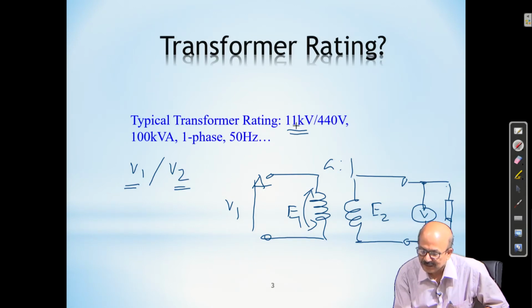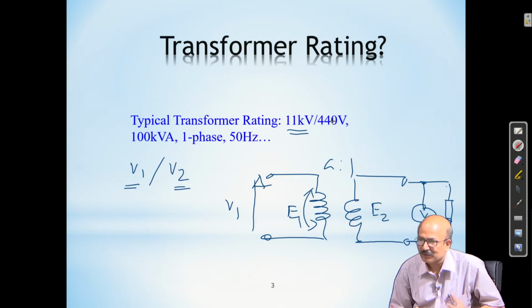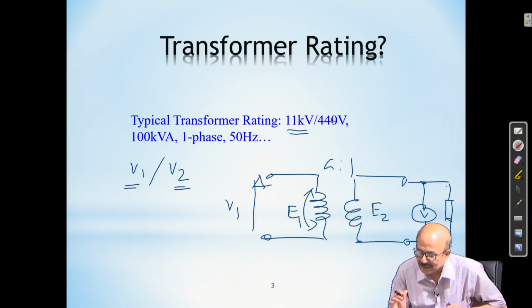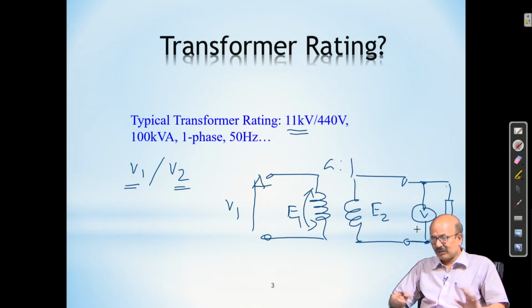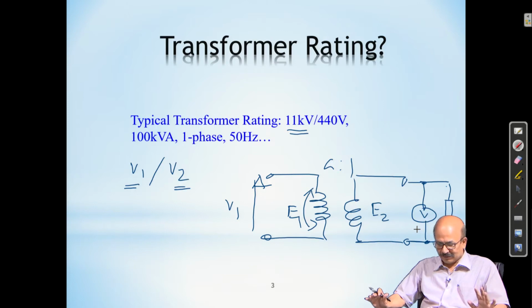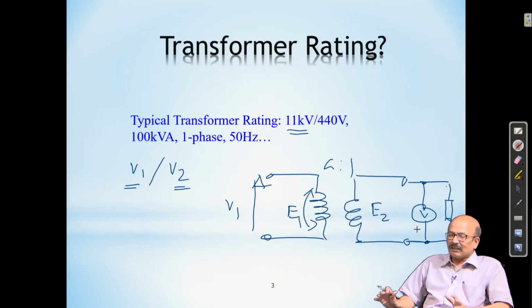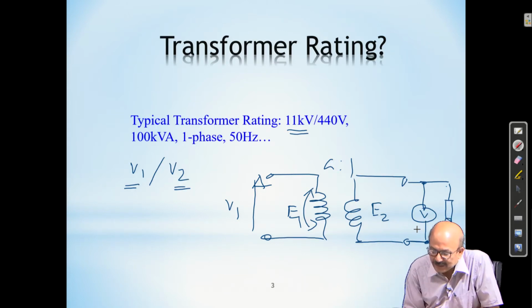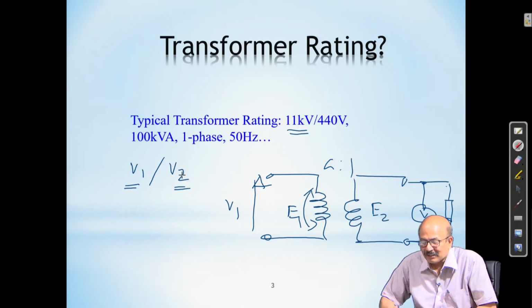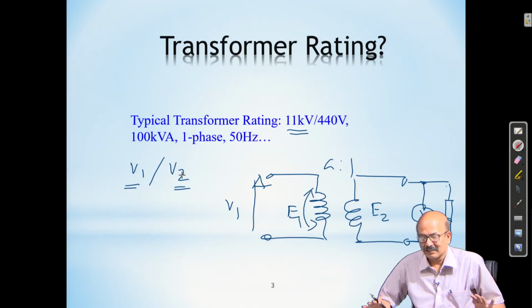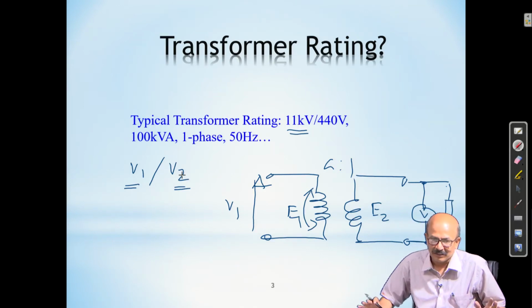But when you say 11 kV and 440 volt, what is this 440 volt? When you talk about rating, this 440 volt is actually the voltage that you get at no load. So, the V1 V2 concept is clear, right. And when we calculate the current on both sides, we simply divide KVA by voltage, and you get the current, and those currents we take as rated load current.